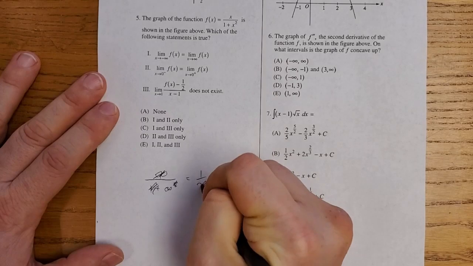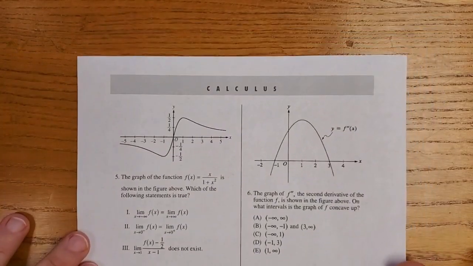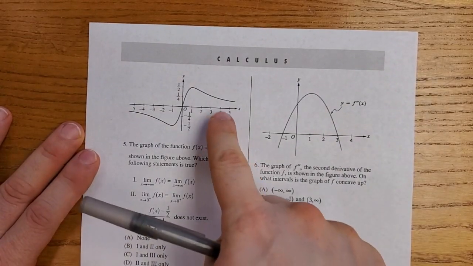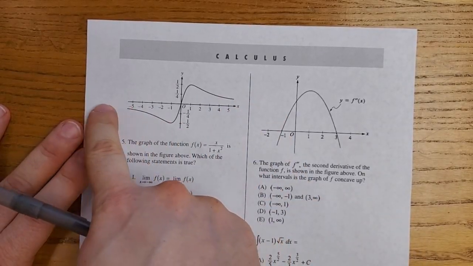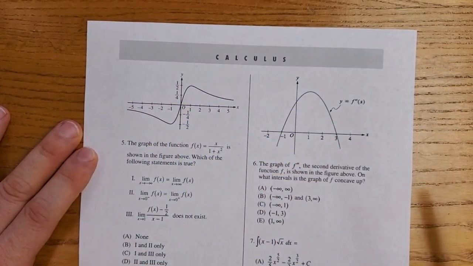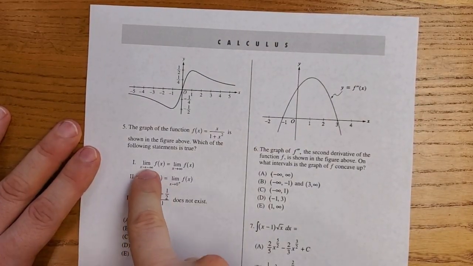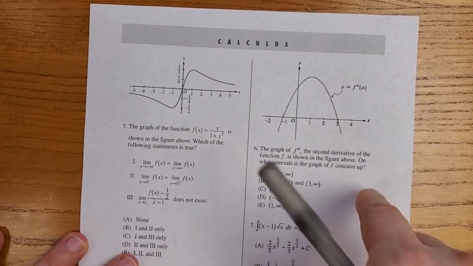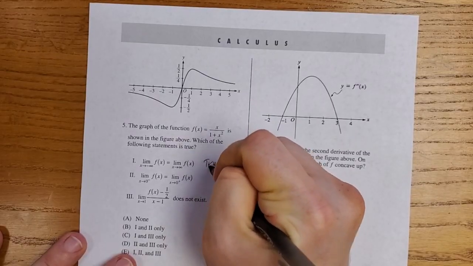So you're left with 1 over infinity, which is essentially going to be 0. So that proves what I said before. It's approaching 0 asymptotically, and this is coming down to 0 from the top, and this is coming up to 0 from the bottom, but they're still both going to 0. So regardless of negative infinity that way, positive infinity that way, they're both going to be 0. So we think this is true.